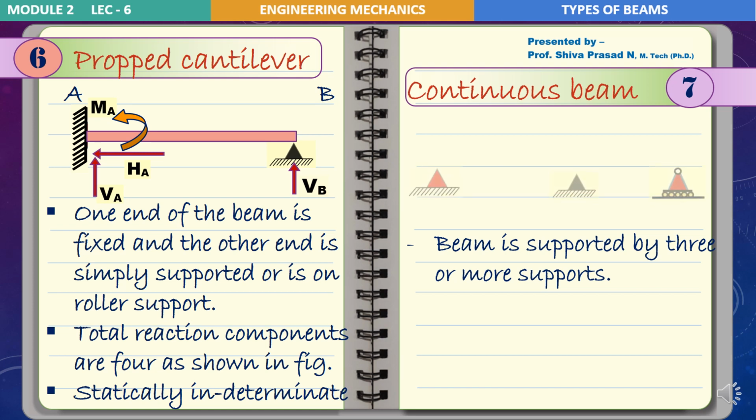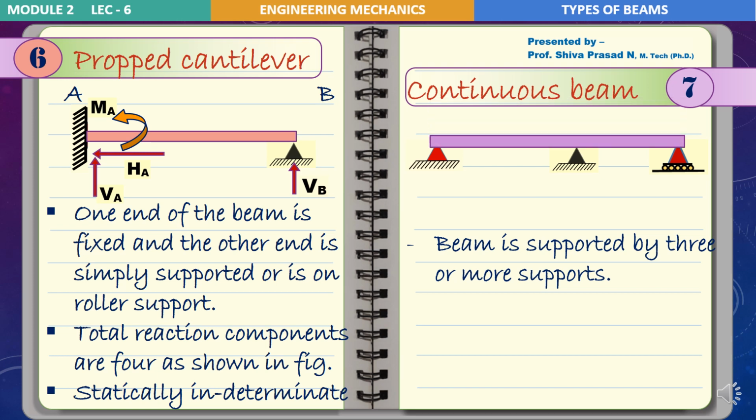To understand it, I'll take 3 different supports, above which we shall place the beam, and I'll name the support points A, B, C. At point A, we have a hinged support, B is a simple support, and C is resting over a roller support.